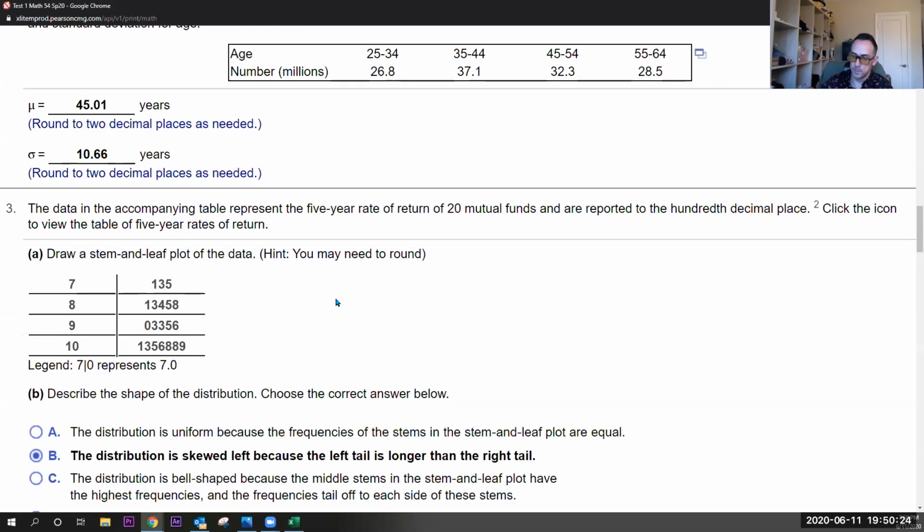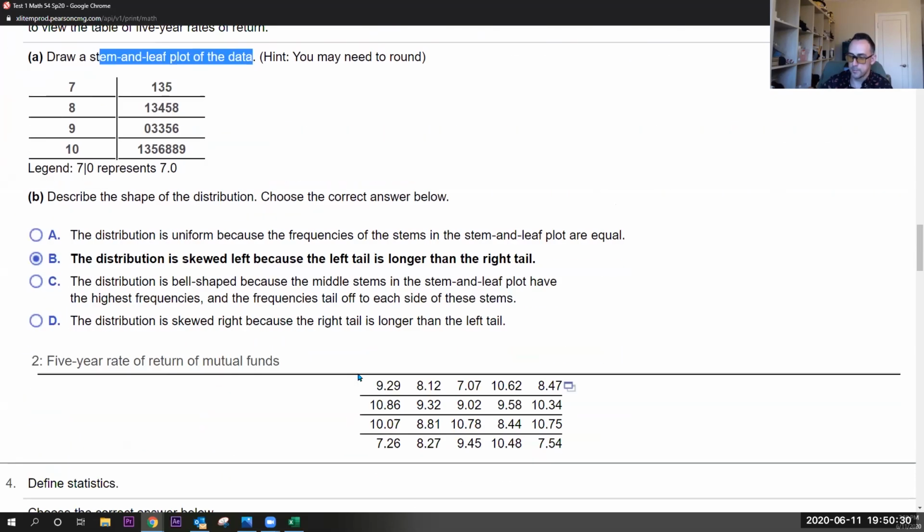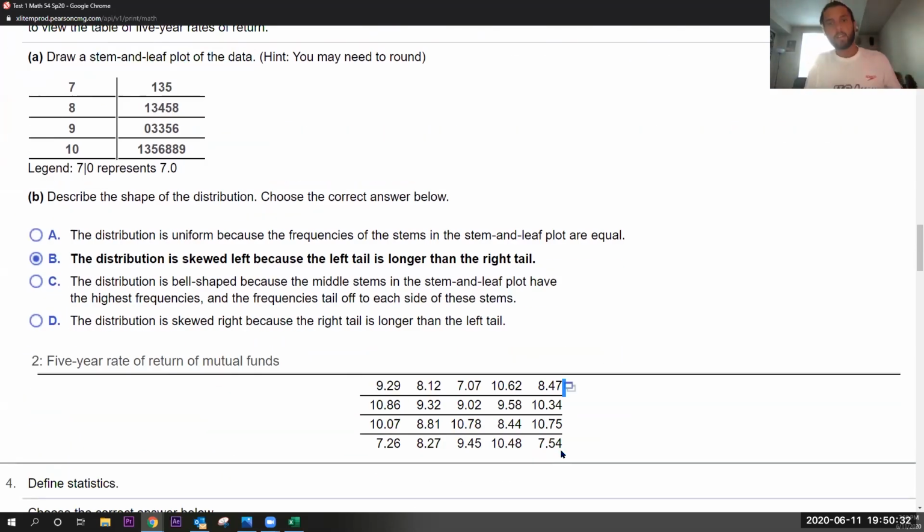Number 3 says to draw a stem and leaf plot. Do you know how to draw a stem and leaf plot? Yeah. They give you data like this. Put it in order. You put 7, 8, 9, 10 on the left because the smallest number is like 7. And then the 1, 3, 5 means that you have 7.1, 7.3, 7.5.